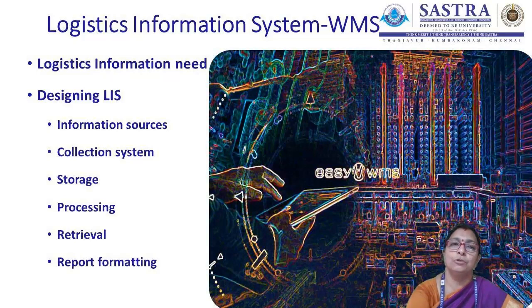Storage, of course, information is stored in the main server or maybe in the form of hard disk storage, a centralized computer. So valid data information is stored in the main storage system.